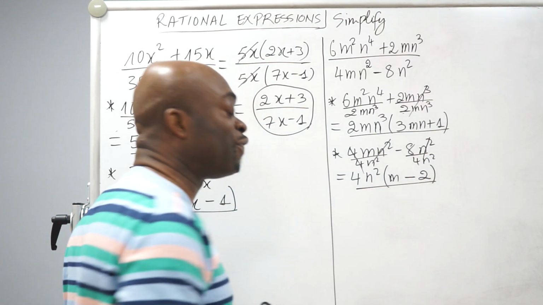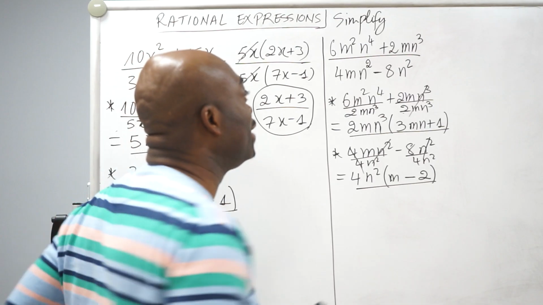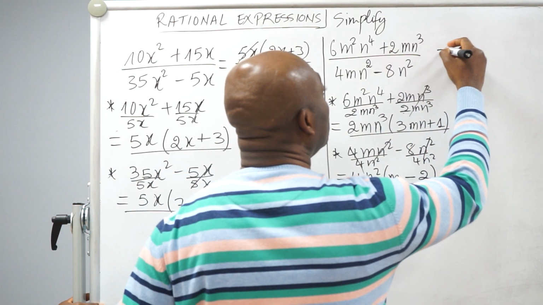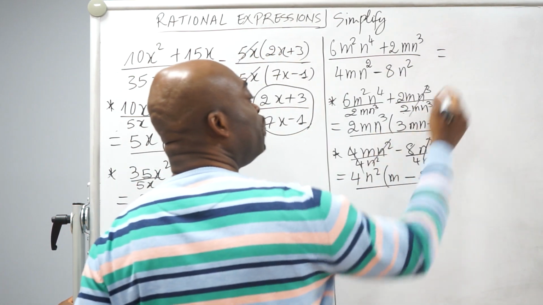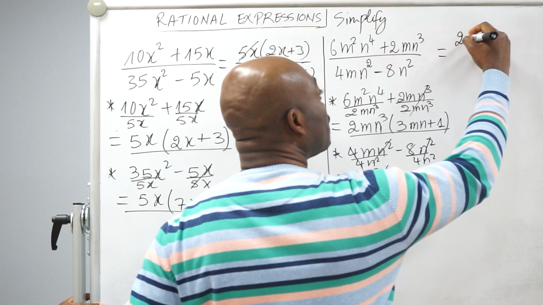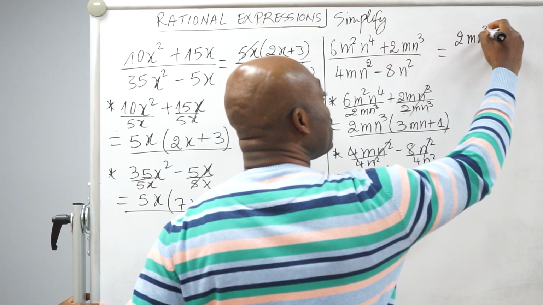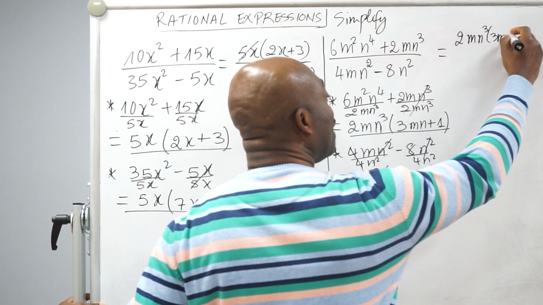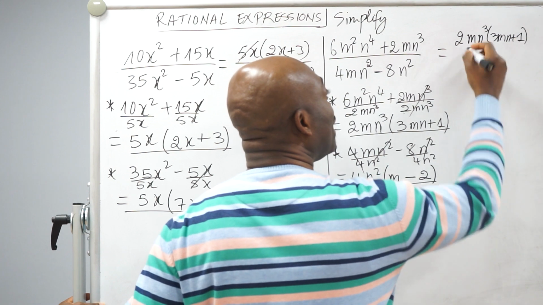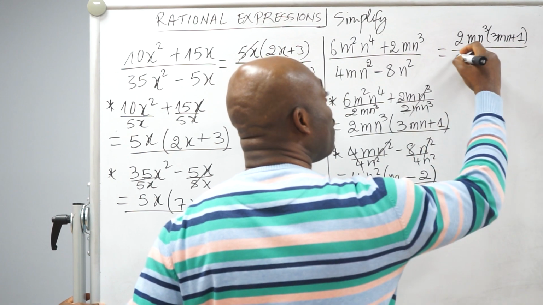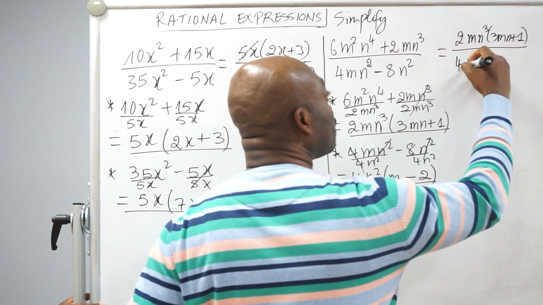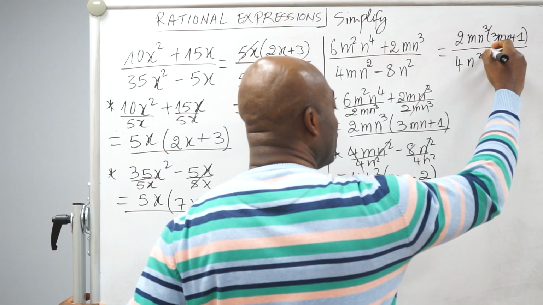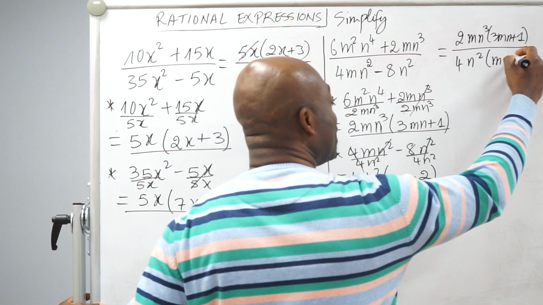So this is what we get for the second one also. And then like we did before, we put these back in here: n to the third, 3mn plus 1, over 4 n to the second power times m minus 2.